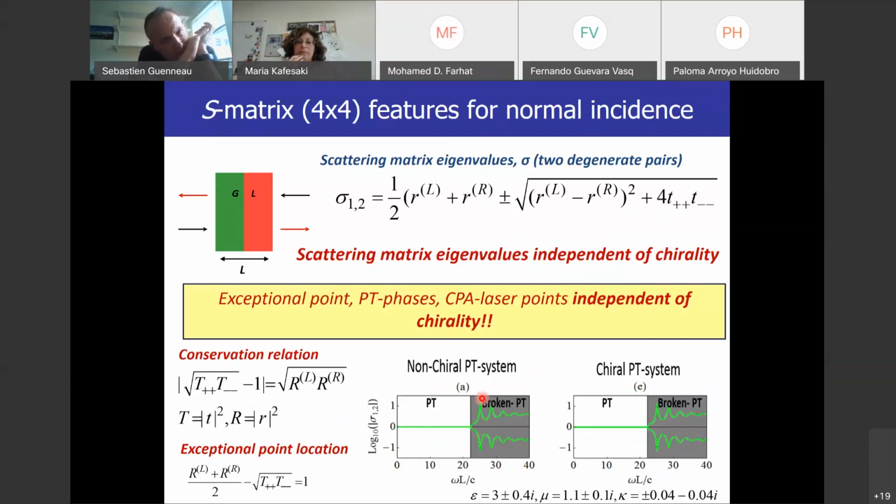By plotting the eigenfrequencies of the scattering matrix, the imaginary parts of the frequencies cross after the exceptional point, going from the negative imaginary space to the positive imaginary space, demonstrating the possibility that we have an exceptional point here, and actually a CPA laser.